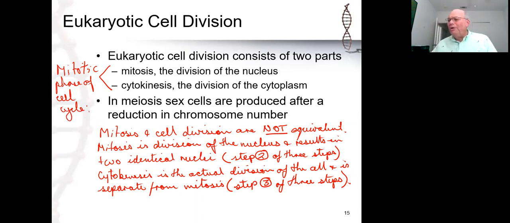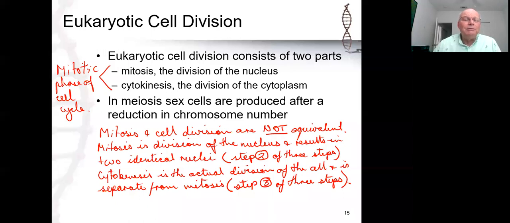And this is the reason why there's this little bit of confusion, because we divide the cell cycle, as you'll see in a moment when I show you the diagram, into two basic stages. The stage during which cell division occurs, which is referred to as the mitotic stage, and then everything else, which is referred to as interphase.